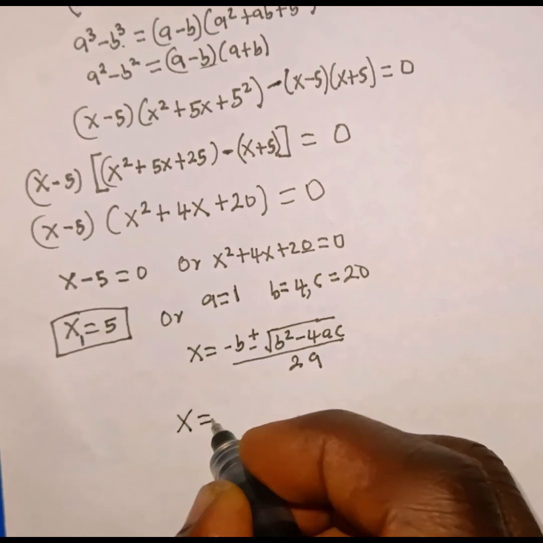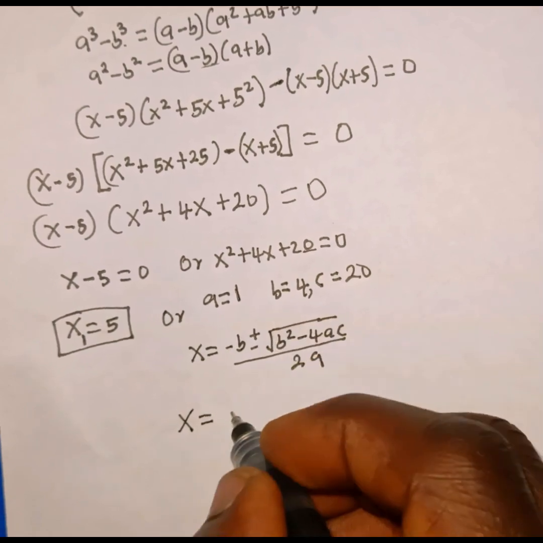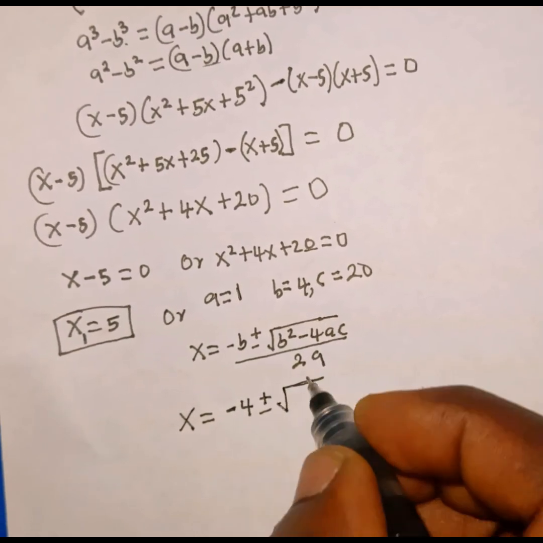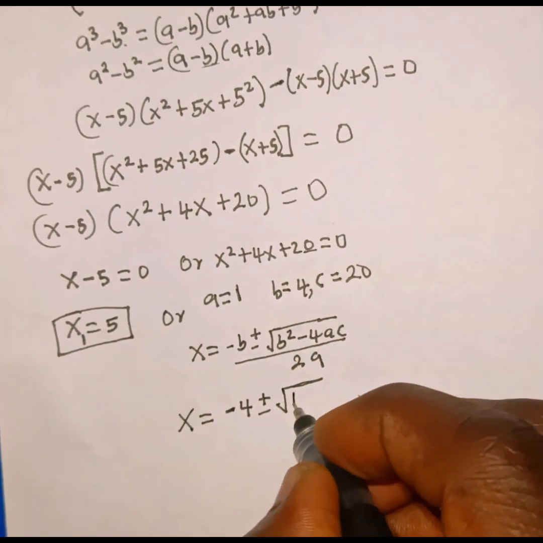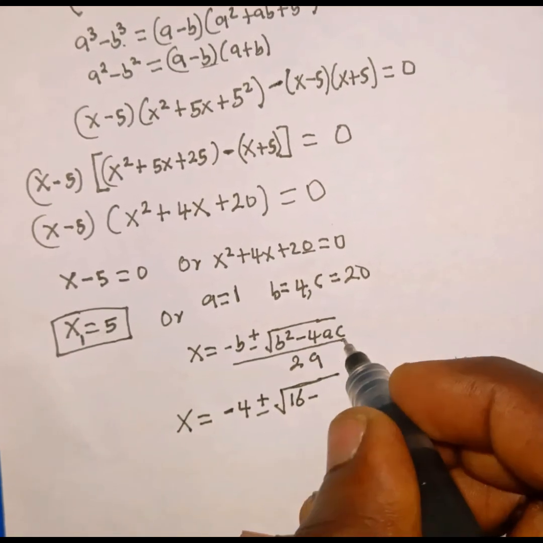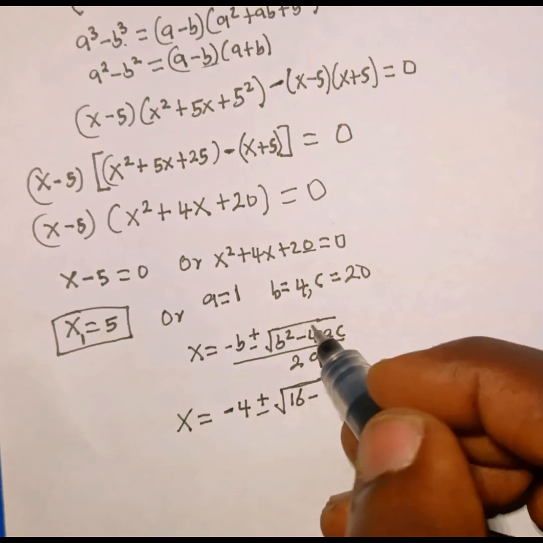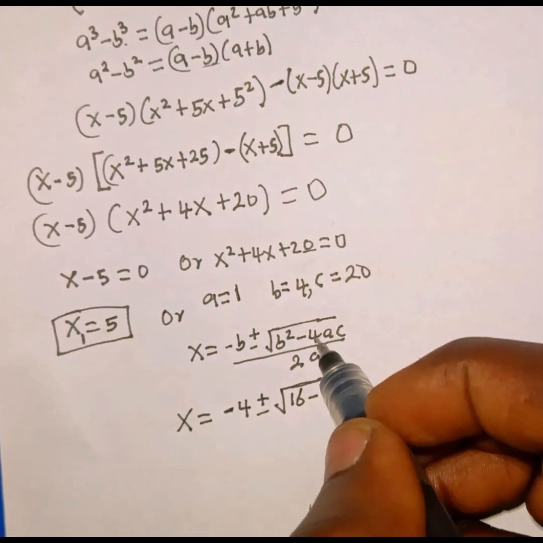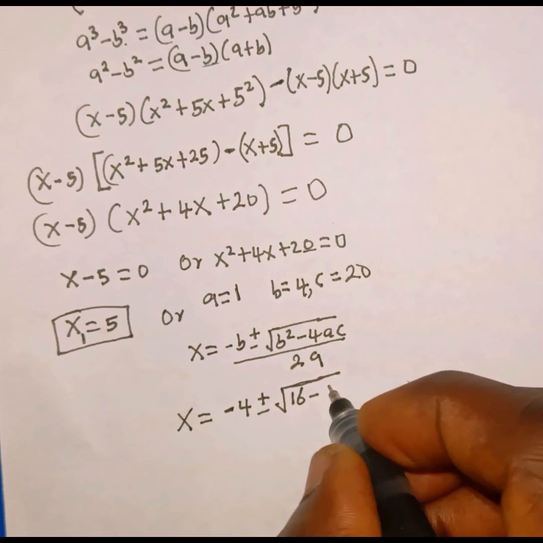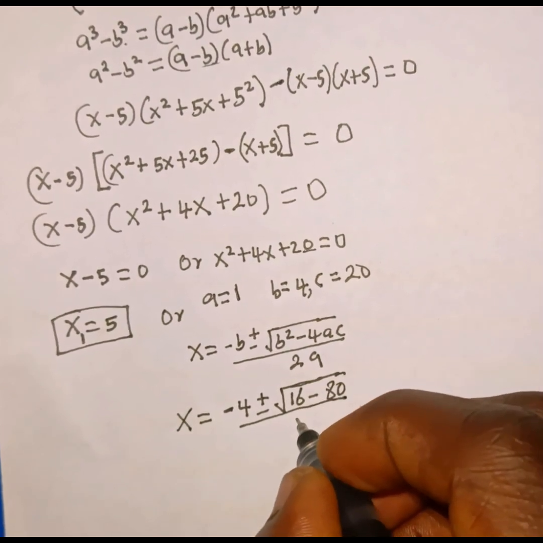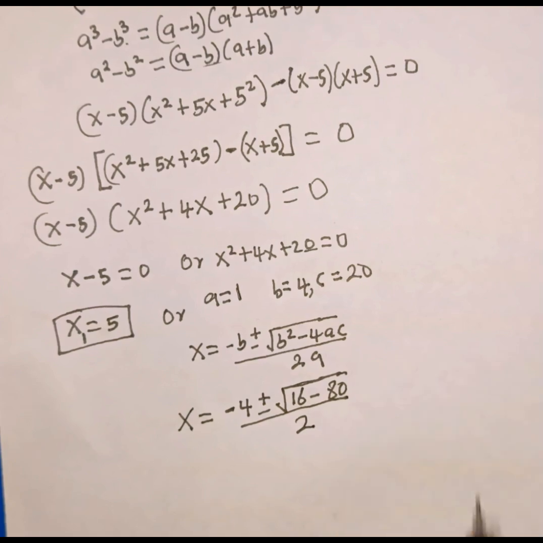So x will be equal to minus b, which is minus 4, plus or minus the square root of b squared, which is 4 squared, which is 16, minus 4ac, which is 4 multiplied by a multiplied by c. A is 1, c is 20. 4 times 1 times 20 is going to give us 80. So everything over 2a. 2 multiplied by 1 is going to give us 2, because a is 1.